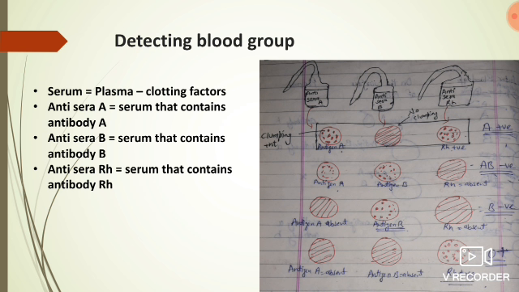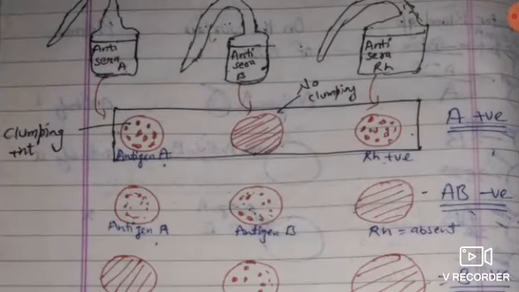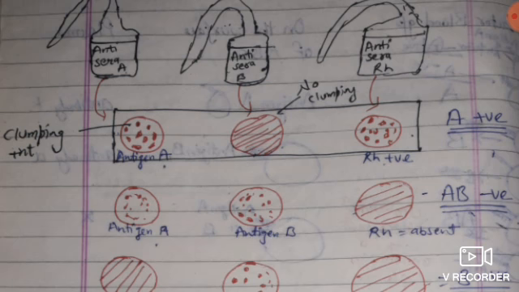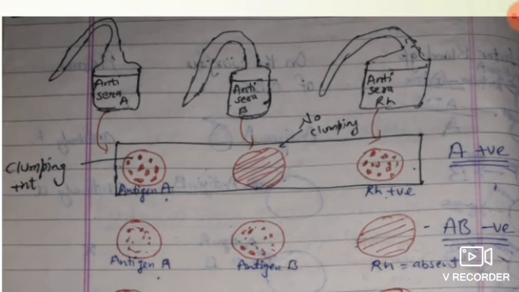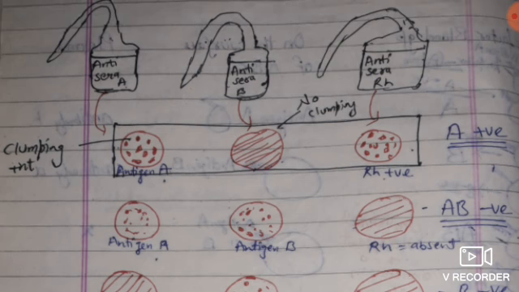Anti-sera A means serum that contains antibody A. Anti-sera B means serum that contains antibody B. Anti-sera Rh means serum that contains antibody Rh. So now look at this table. These are the three bottles: anti-sera A, anti-sera B and anti-sera Rh.